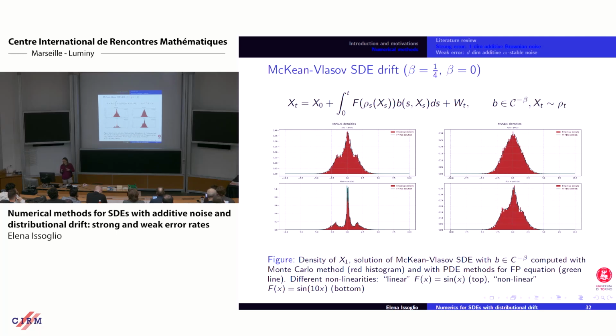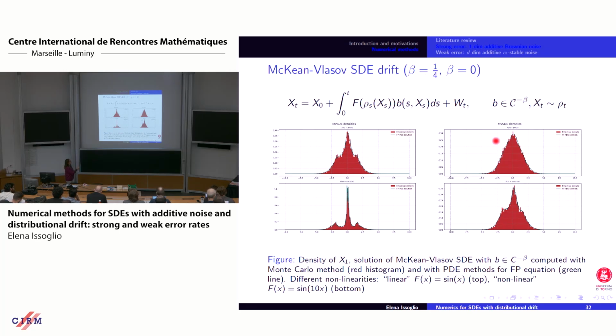I mean, it has a different shape, but instead, the bottom one has a nonlinearity because it's sine of 10x. And then you can see the effect of the distributional drift, especially here on the left side, the beta is 1/4, while on the right side, beta is 0.